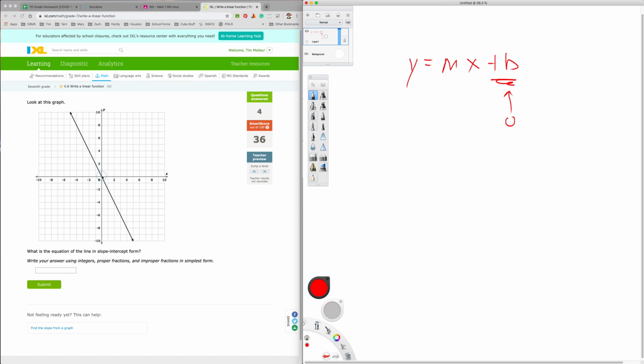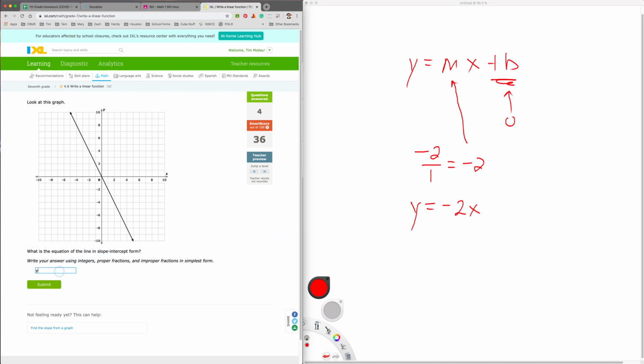So if I look at it, if I go from here, I would go down 1, but then it's halfway between, so go down 2, right 1. If I go down 2, right 1, that's negative 2. And so that is the slope number. So it's y equals negative 2x. And I don't need to put that plus 0. So y equals negative 2x.